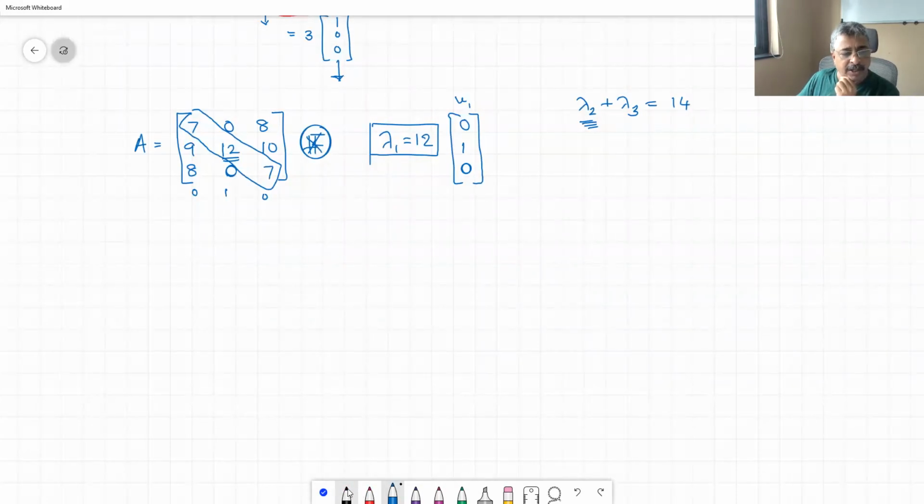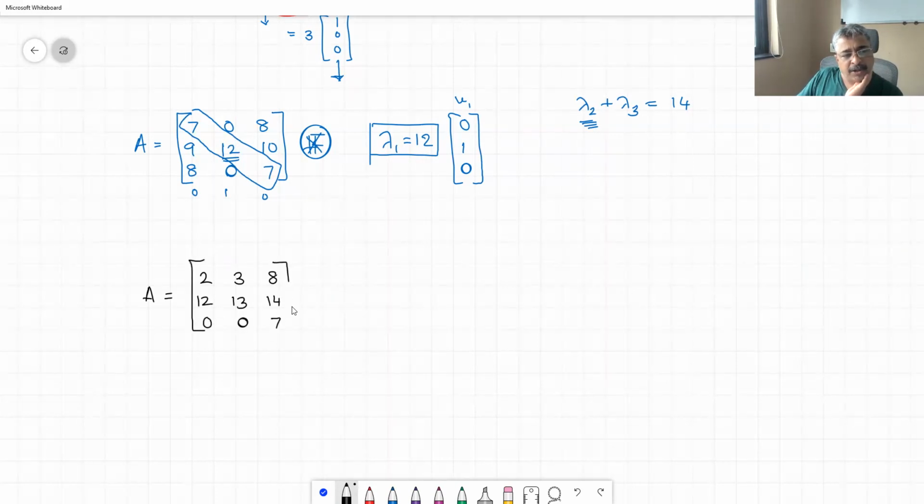Next type, where we can have some shortcut, is to at least find one eigenvalue, in this case. The matrix is 2, 3, 8, 12, 13, 14, 0, 0, 7.